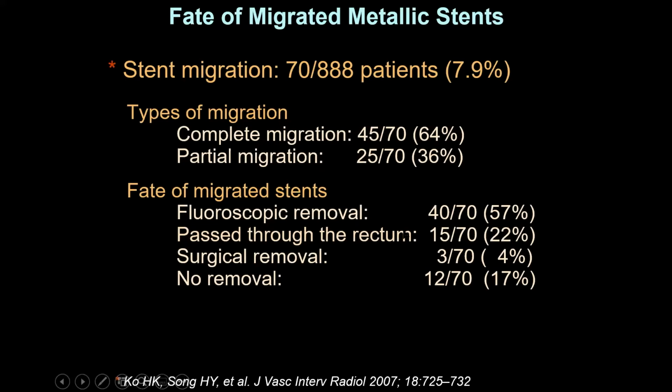That's why we don't need to remove the stent from the patient. 4% of the stent were removed surgically because the migrated stent did not pass through the ileocecal valve, causing intermittent pain and obstruction. 17% did not need stent removal.